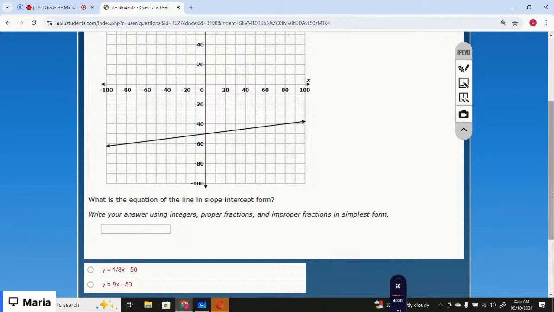That is y equals 1 over 8x minus 50. Option number 1 is the correct option, right?